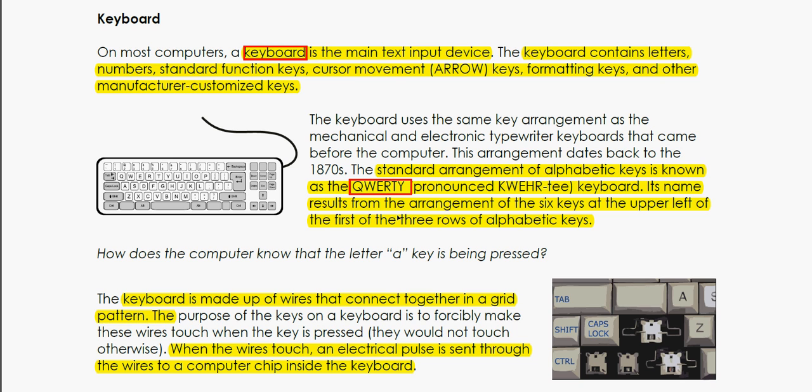The reason it was designed this way is because the original typewriters would have little bars that would come up and hit ribbons of ink that would transfer the letters onto a piece of paper. And they designed the keyboard with the letters so that they would not hit and stick together at the same time, at least the most common words that they would type at the time.